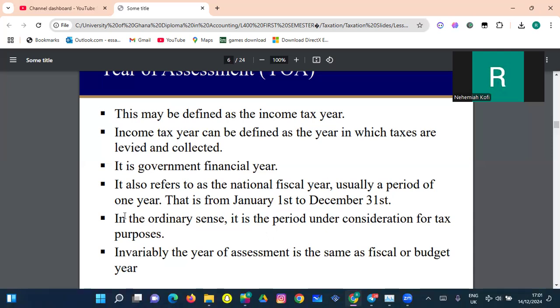So in ordinary sense, it is the period under consideration for tax purposes. So the period in which taxes are calculated and collected. So invariably, the year of assessment is the same as the fiscal or budget year, right?